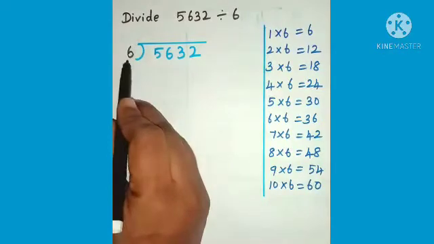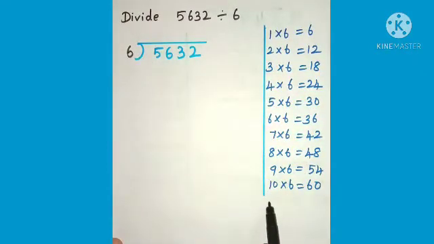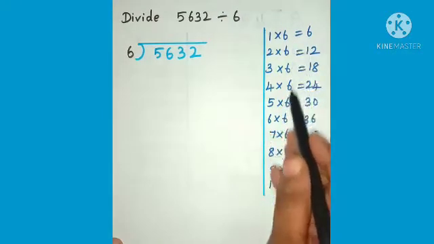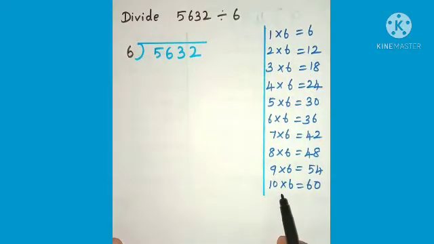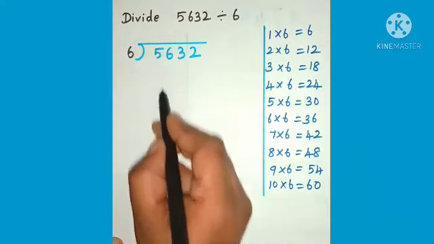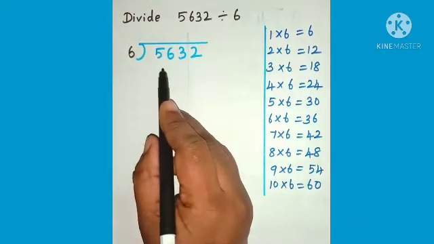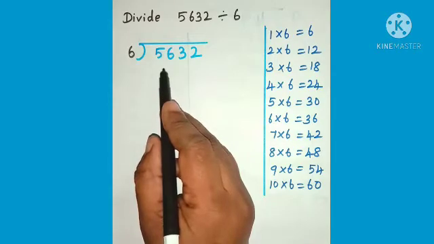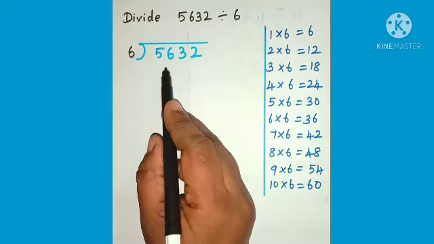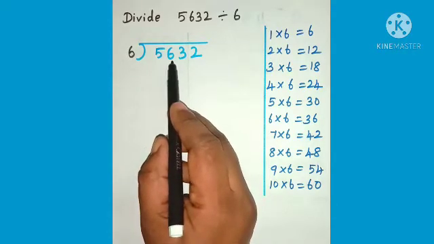Now write down the 6th table at the corner of your page. 1 6 is 6, 2 6s are 12, like this. Now students, take the first digit. Same as a 3-digit number divided by a single-digit number, similarly we can do it for a 4-digit number.